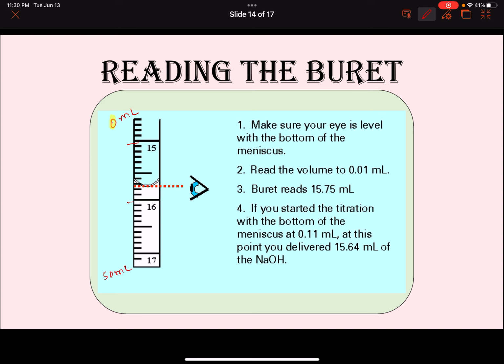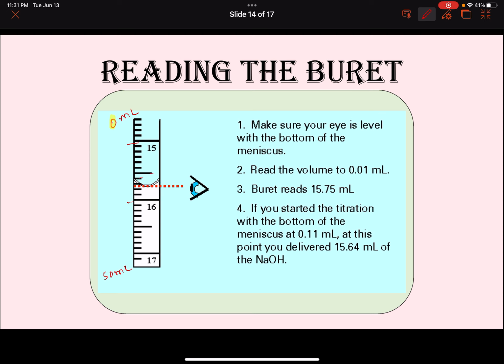So when we are reading a burette or a graduated cylinder, just anything that has like a closed long tube and where the liquid forms a meniscus, remember that we have to read the bottom of the meniscus, okay? So in this case, it's going to be read as 15.7.